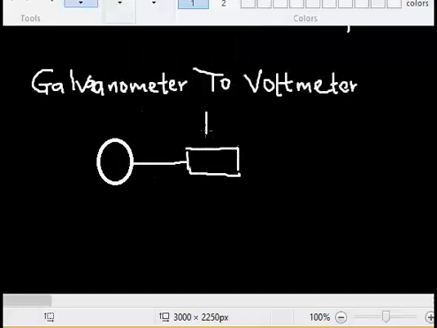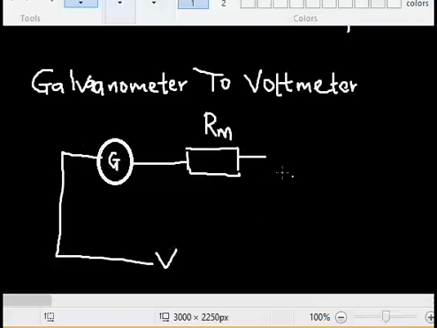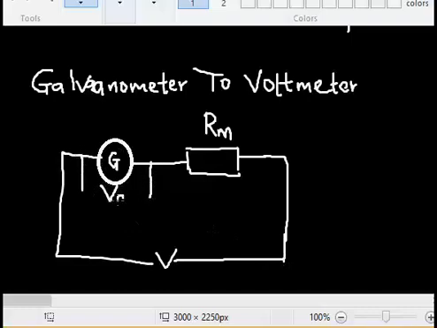That resistor is what is known as the multiplier. So the voltage I want to measure, V, will not be connected across the galvanometer alone, but will be shared between the galvanometer, that is VG, and the multiplier connected in series, VM.